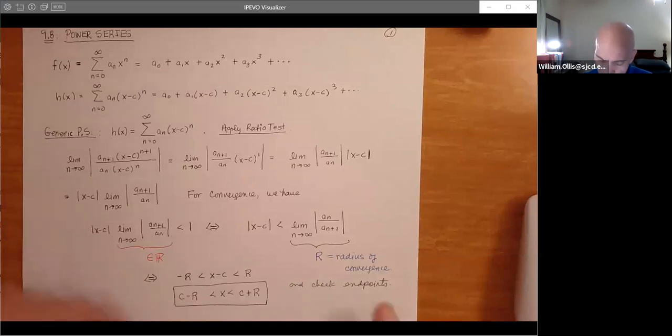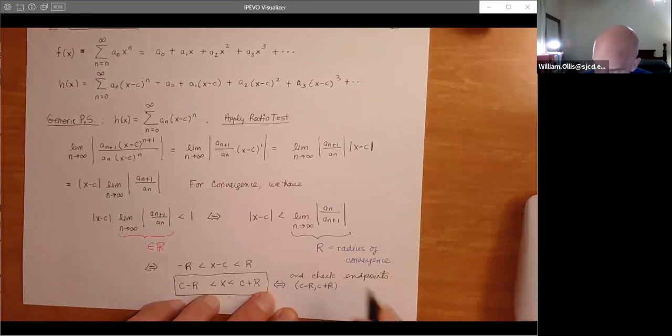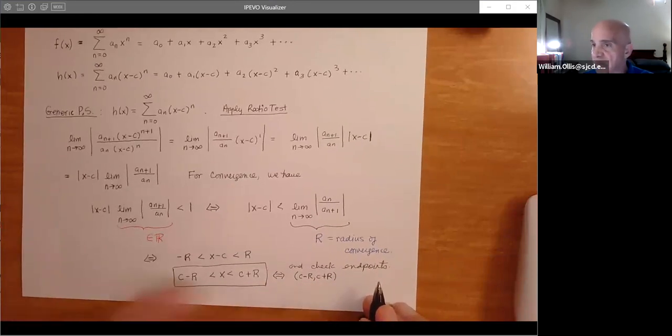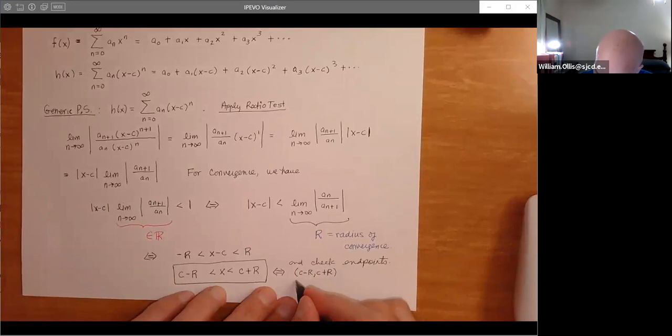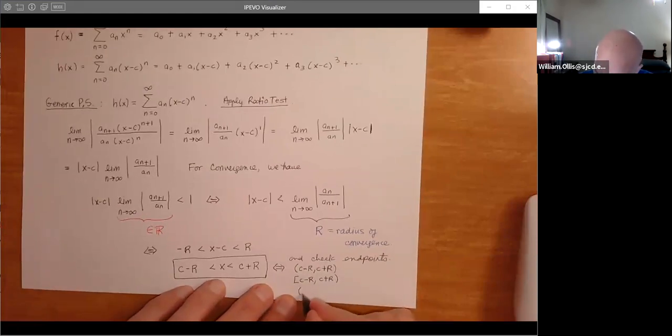So this could imply the following sets. We could have where we just struck out both times; we checked both endpoints and got divergence. Or we could find a situation where the left endpoint worked, but the right endpoint didn't. Or maybe the left endpoint doesn't work, but the right endpoint does, and of course we include it.